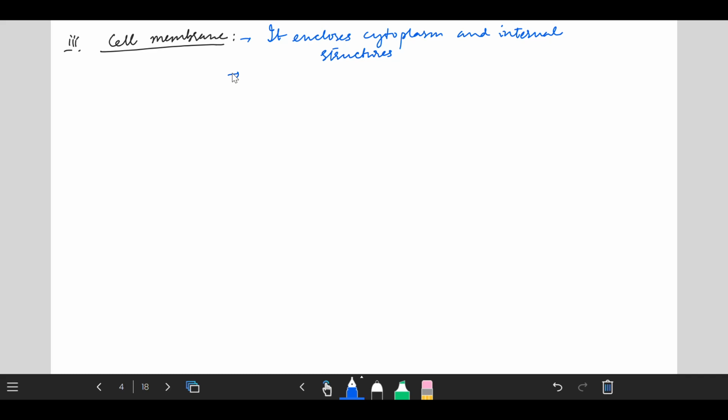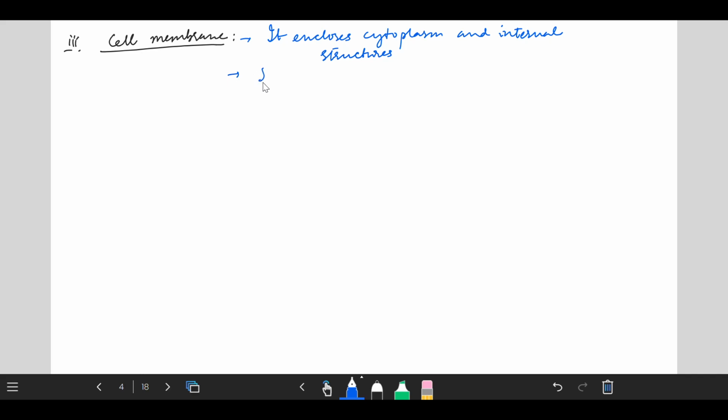It means it allows some molecules to enter or leave the cell while restricting the passage of others. That is selective permeability.